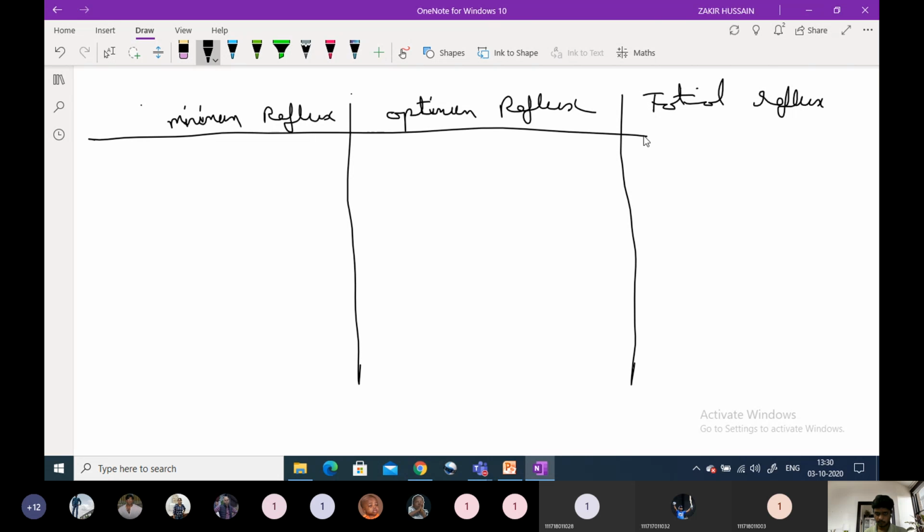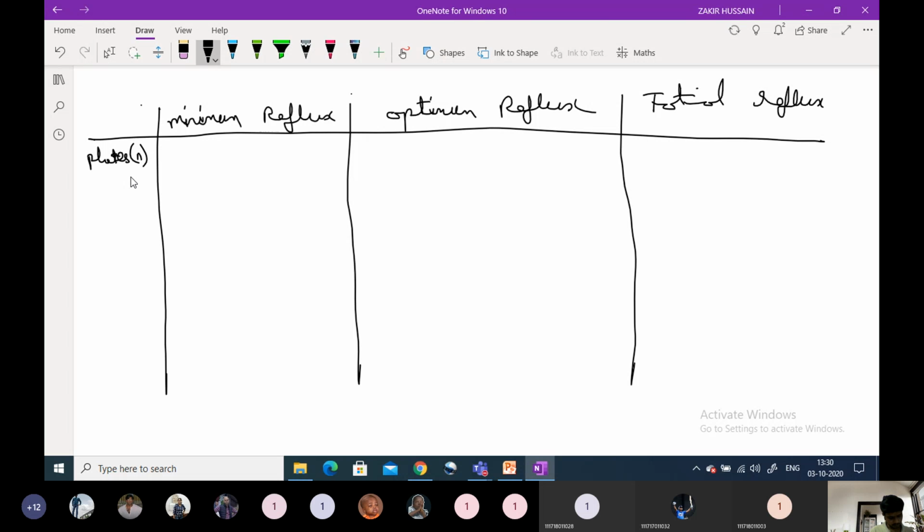So first point, the first distinction will be at minimum reflux ratio. At this minimum reflux ratio, the plates required, N, will be high or low?